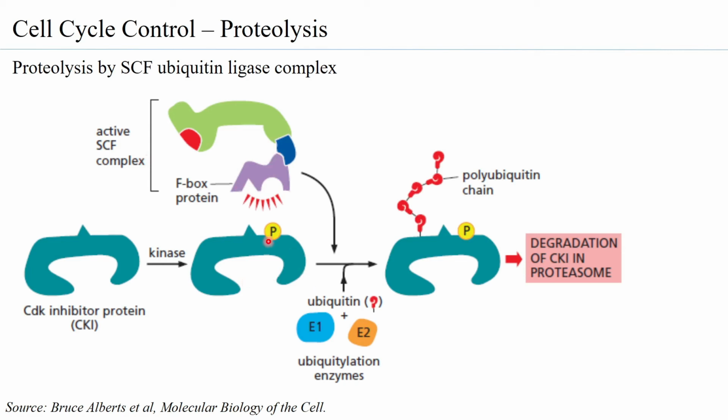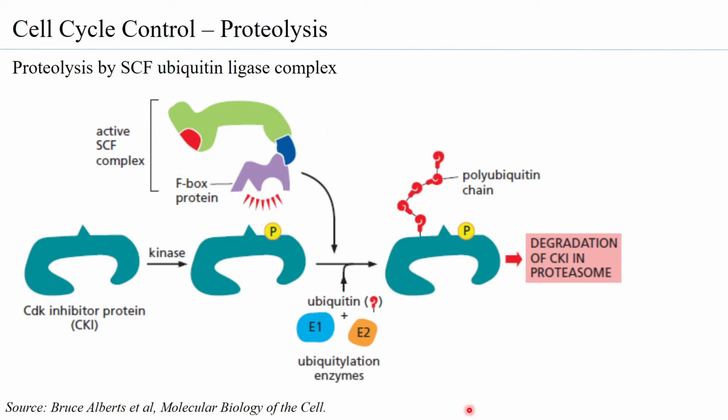Now, when due to a certain cue the SCF complex becomes active, this SCF complex is going to ubiquitinate the phosphorylated p27. So the phosphorylated p27 is then degraded in the proteasome. So you can very well see that on release of p27, the inhibition of the CDK is no longer there because the inhibitor has been degraded by the active SCF complex.